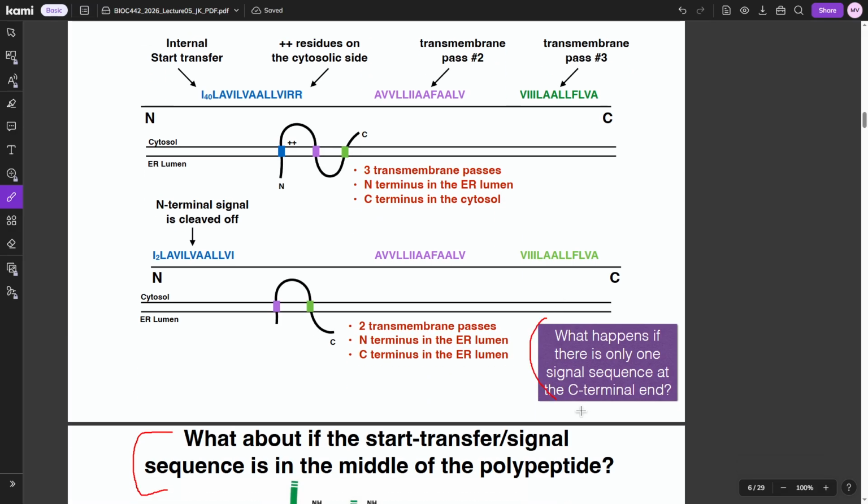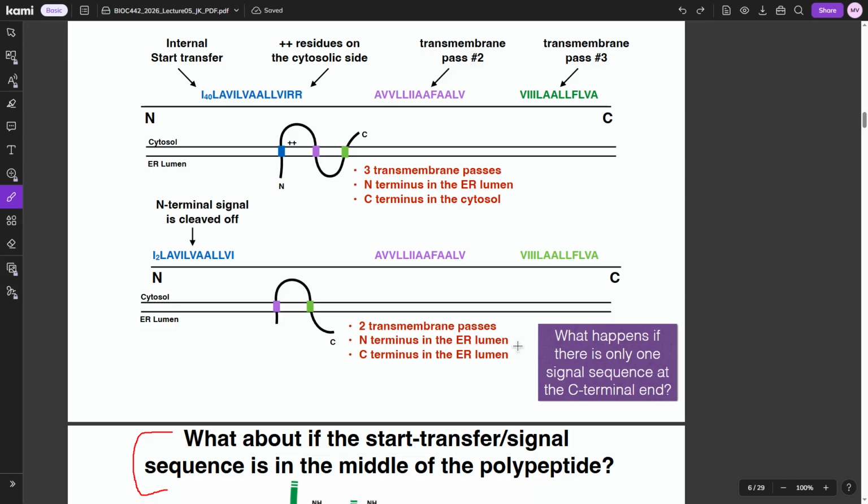For this, actually, what happens if there's only one signal sequence at the C-terminal end? I'm actually not too sure in this case.